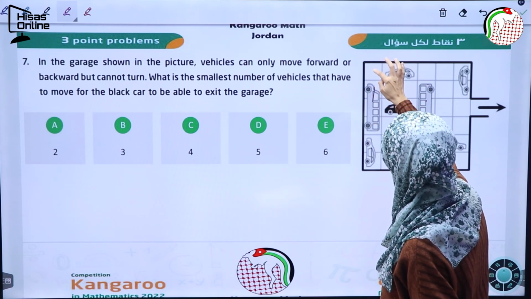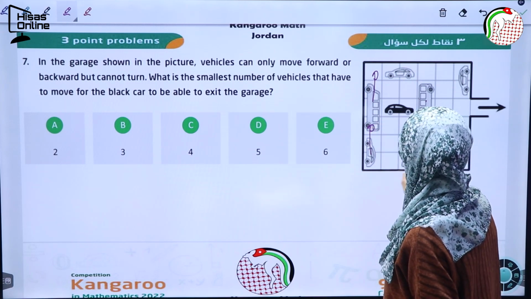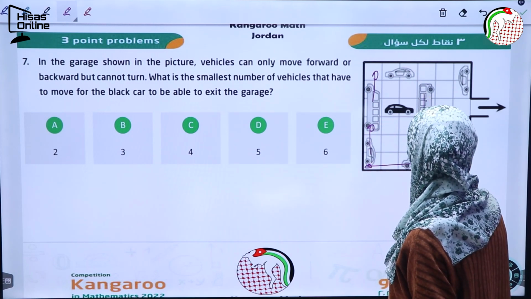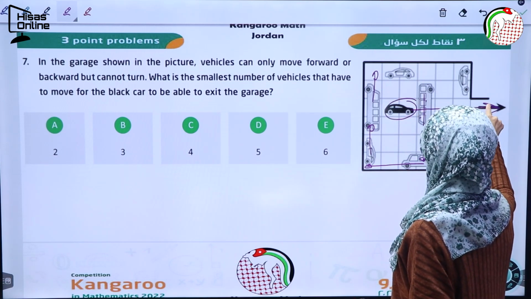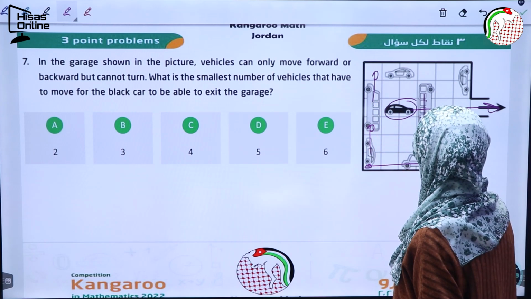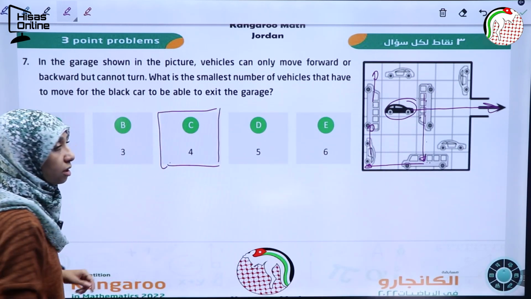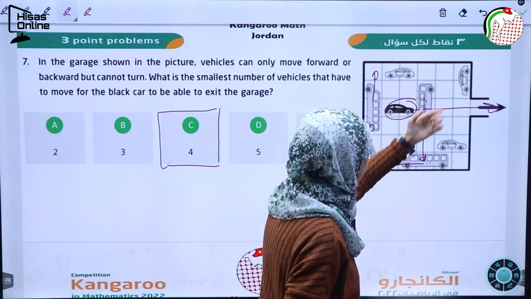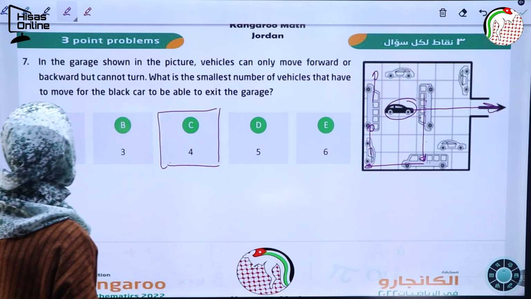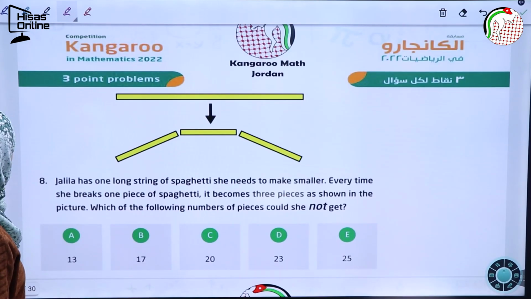So this will move here, this one will move here, and this one will move here. Now the space is free for the black car to move. So 1, 2, 3, 4. 4 is the minimum number that we can have in order to free the black car to move out of this garage. And moving to question 8.